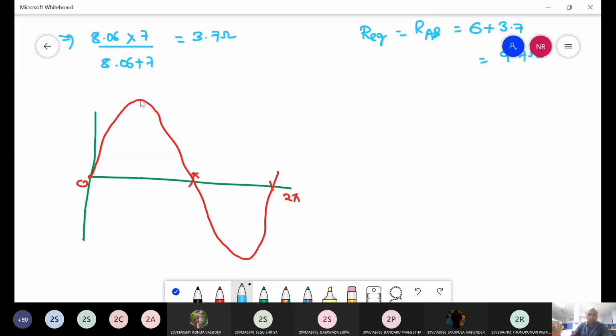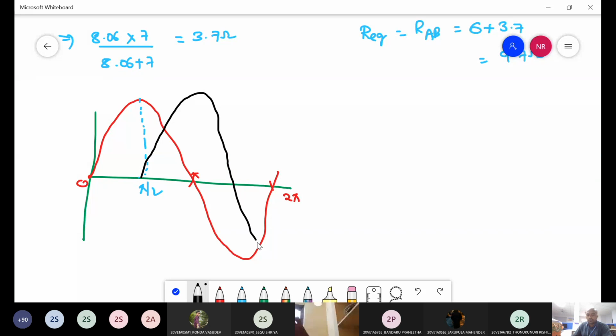Exactly here it is. I assume that here it is pi by 2. So another quantity is started from here. So these are the two sinusoidal quantities now.